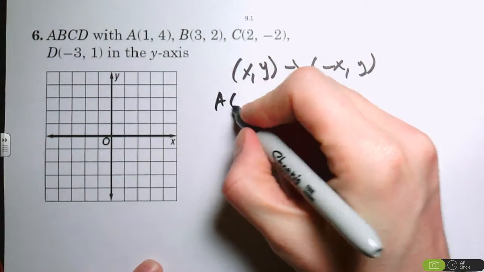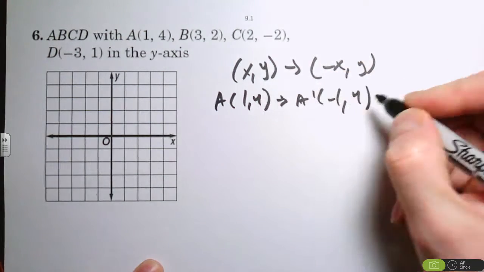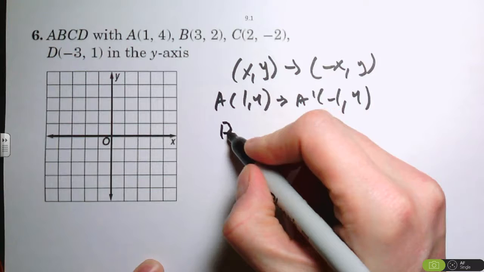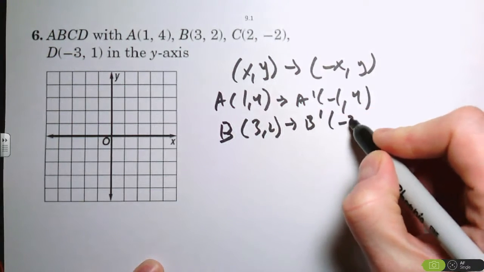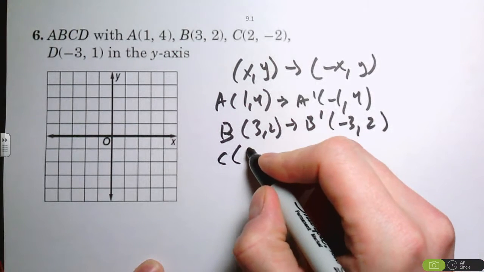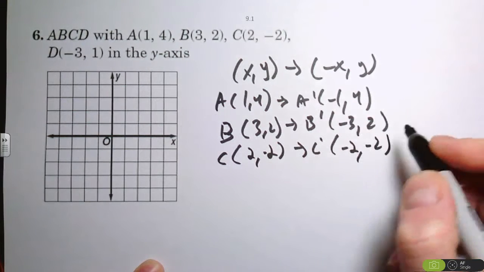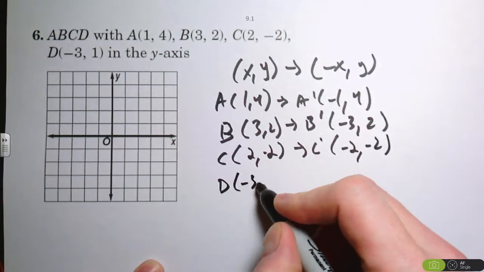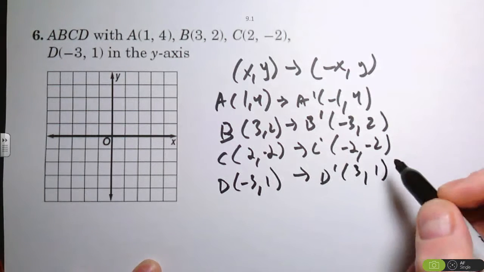So A, which is (1, 4), becomes A prime, which is (-1, 4). B, which is (3, 2), becomes B prime, which is (-3, 2). C, which is (2, -2), becomes C prime, which is (-2, -2). And D, which is (-3, 1), becomes D prime, which is (3, 1).